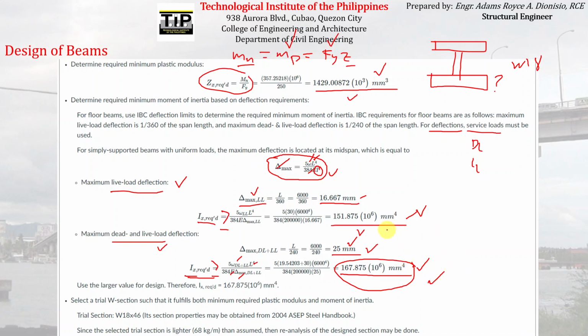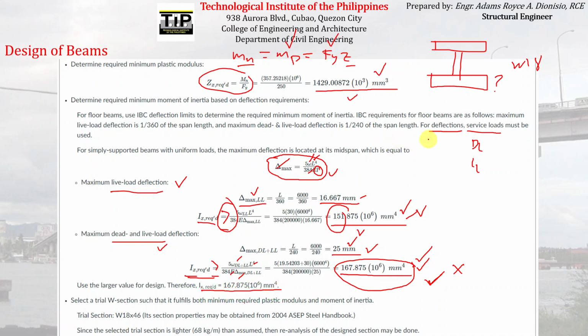So in order to satisfy both cases, we have to use this, because it says that the moment of inertia must be equal to or greater than this. If we choose this, it will not satisfy this requirement because obviously 151 is not greater than 167. But if we use this requirement, it will satisfy both cases because obviously 167 is greater than 151, which is the requirement here. So we have to choose Ix required equal to 167.